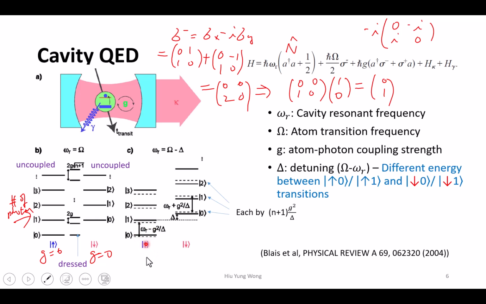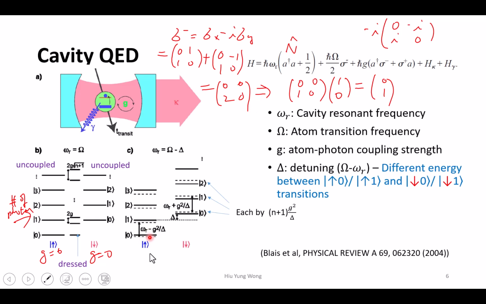When it is pointing up, which is actually the ground state in this case, the energy it needs to add a photon into this cavity is omega r minus g squared divided by delta, instead of just omega r. Originally, you think that if I want to add a photon to the cavity, I need to add 1 h bar omega r. Make sense? Just the Hamiltonian.